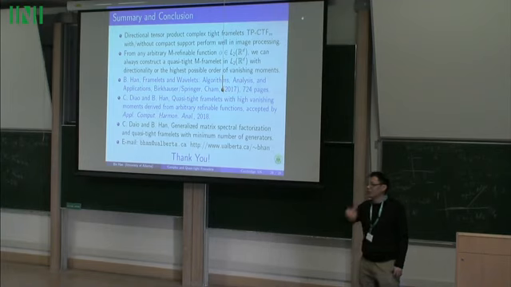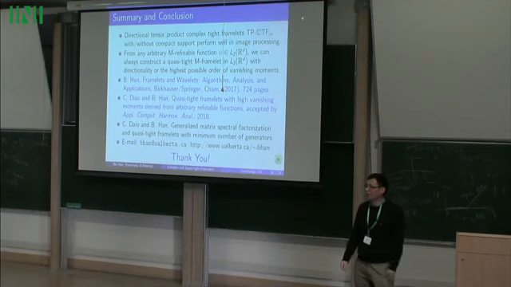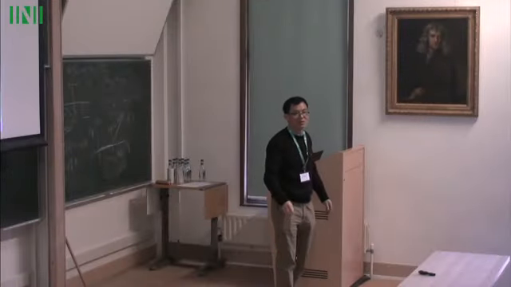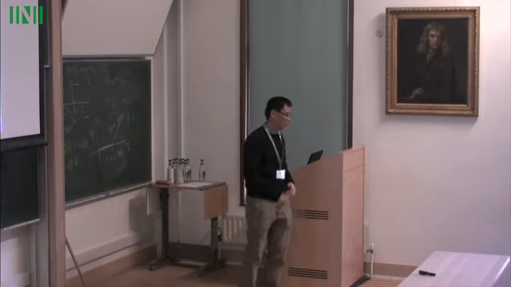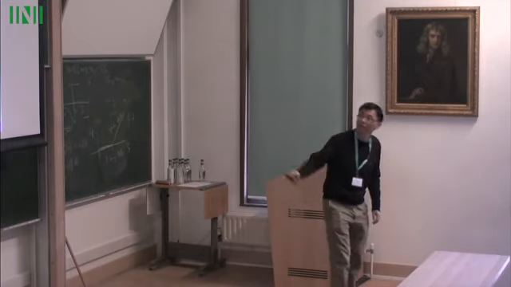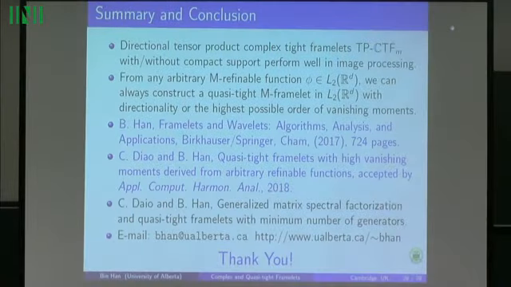You no longer run into the theoretical barrier, because the matrix-valued Fejér-Riesz lemma is no longer true in high dimensions, but now we have the factorization in any dimension. That's all I want to talk about, and the reference is given here in case you are interested. Thank you.